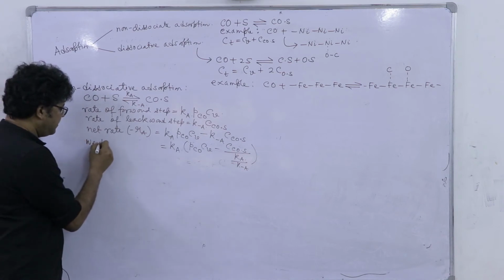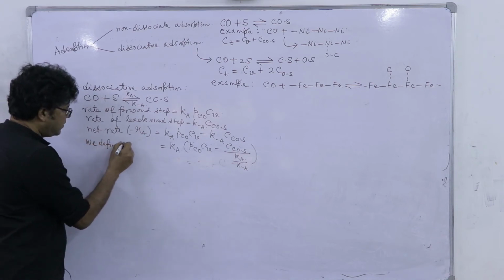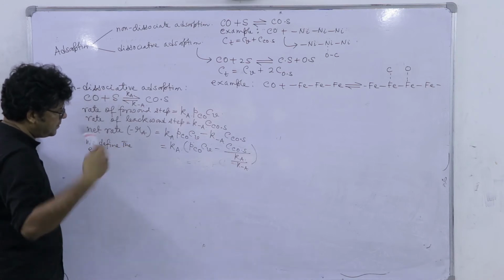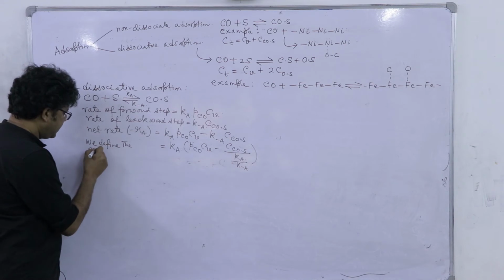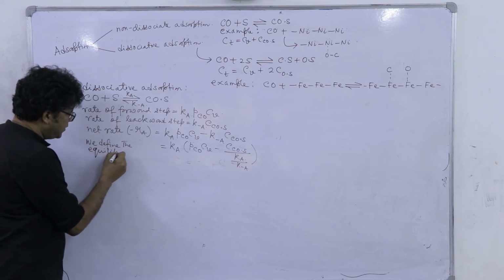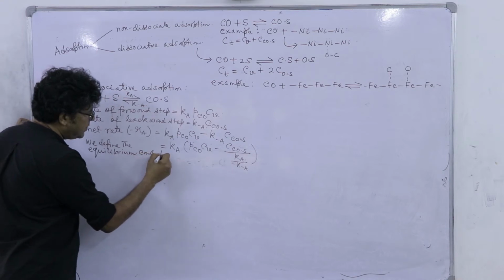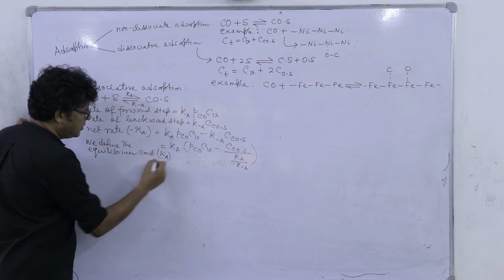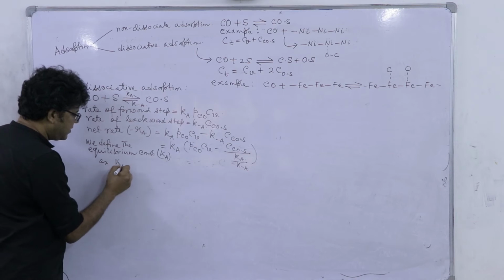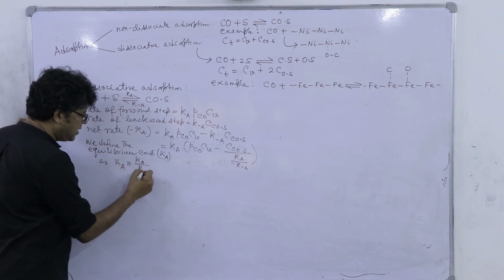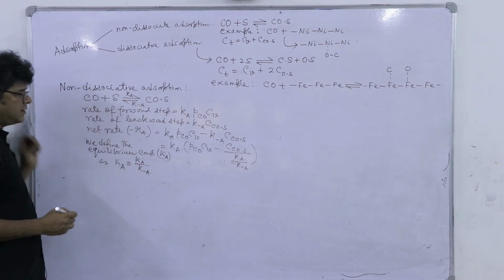So we define the equilibrium constant capital Ka as small ka by small k minus a.